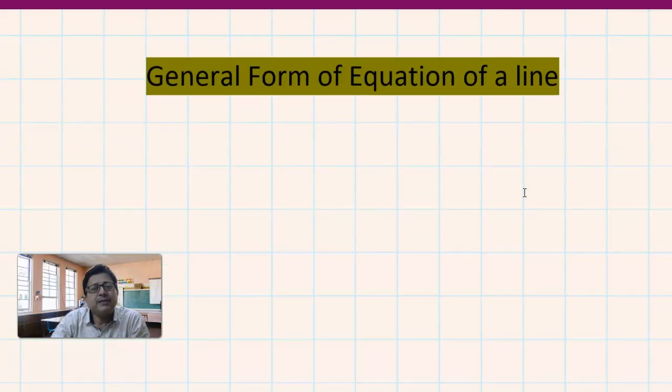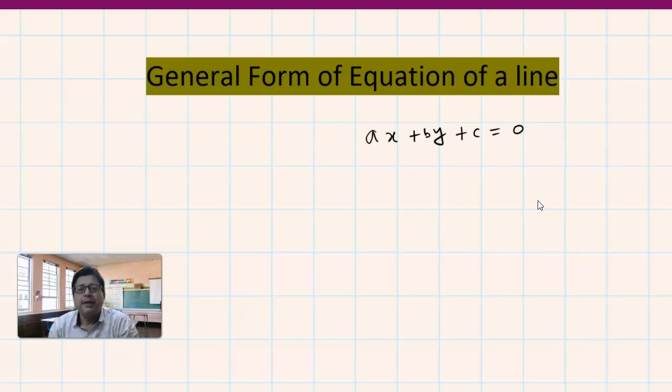Any first degree equation in two variables x and y will represent the equation of a line in two dimensions, like ax plus by plus c equal to 0, where a and b cannot be simultaneously equal to 0.